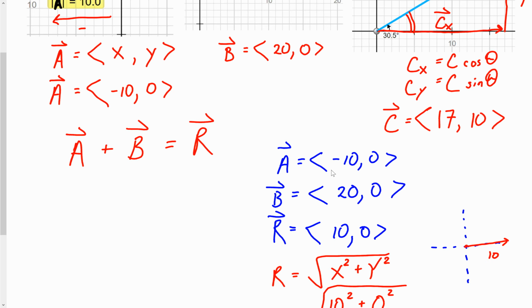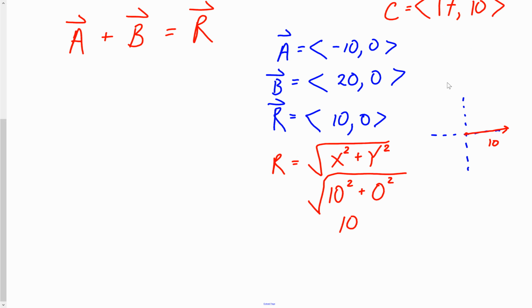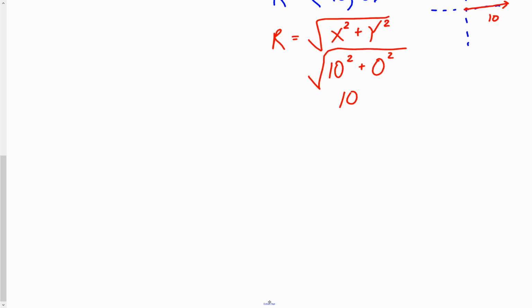Well, let's do another one. Let's now add vector B plus vector C. What would it look like to add vector B and C? If you remember, vector B was 20 that way, and vector C was the one that was up at an angle like that. So let's do it by definition.